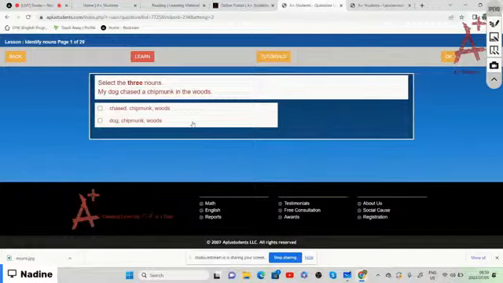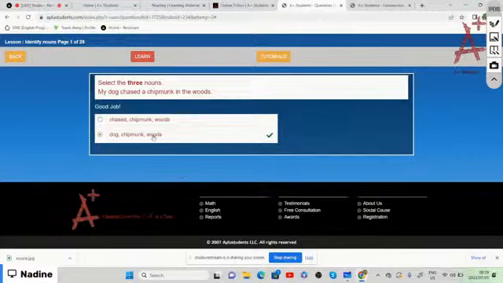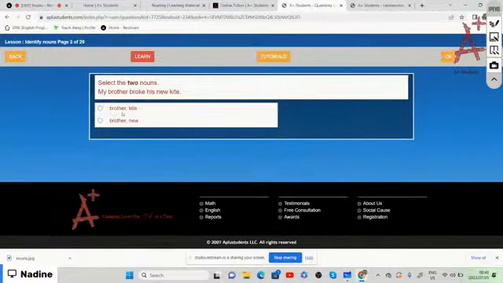All right. So if you select option two, then that is correct, right? Because it's dog, chipmunk, woods. Already the first word within option one, chased, that is not a noun, right? If you have option two, then that is correct.